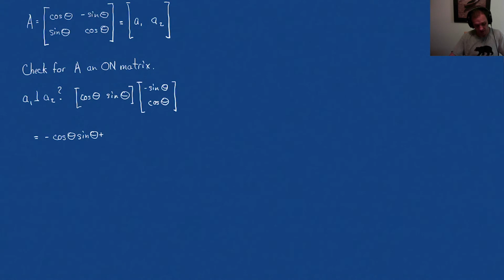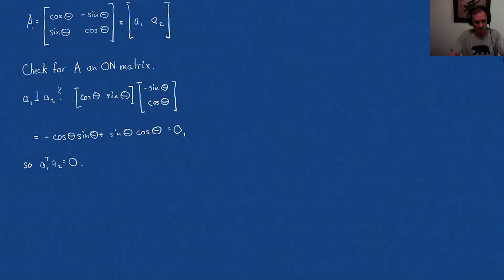Cosine theta, oh yeah, plus we're going to have a sine theta cosine theta, and look at that, those just equal 0, so A1 transpose A2 equals 0.